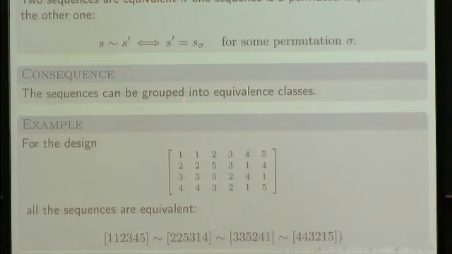So we can group the sequences into equivalence classes. For example, for the design here, all the sequences are equivalent. We can obtain the second, third, and fourth one from the first one just by changing the labels of the treatments. So in that case, you have only one equivalence class of sequences.